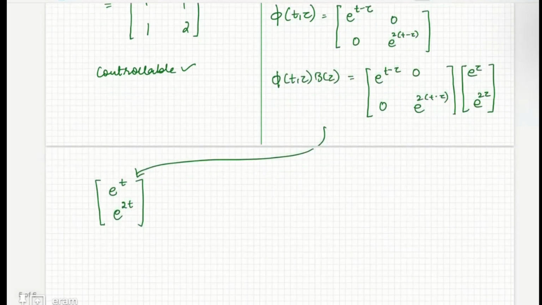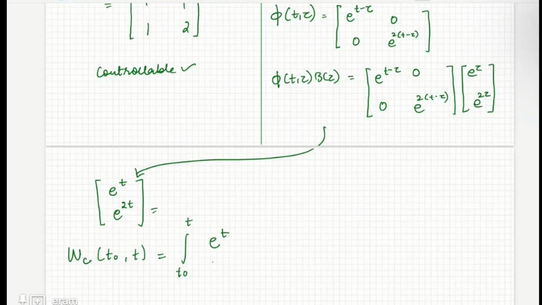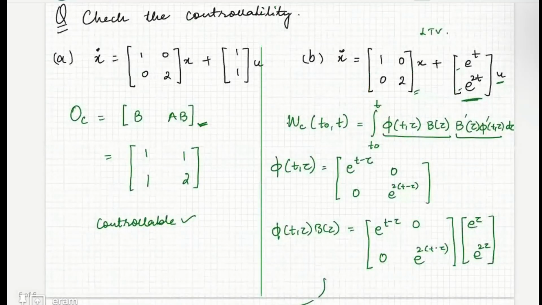So the controllability Gramian can be given as WC(t0, t). It is nothing but this matrix, e to the power t, e to the power 2t, and then the transpose of the same.